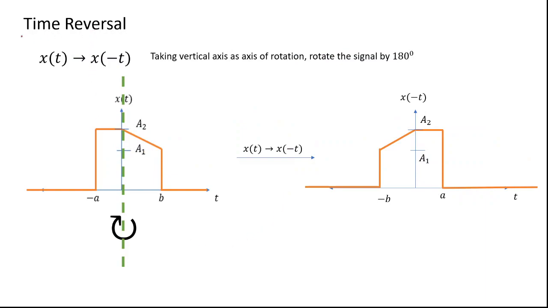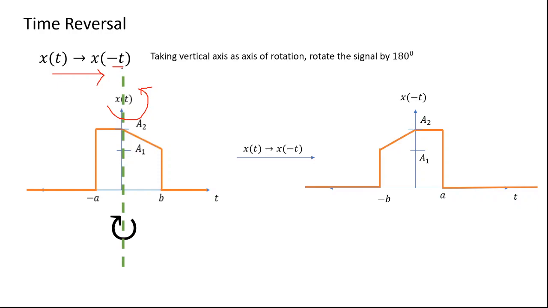Let's see another transformation which is called the time reversal. Suppose t is transformed to minus t, then in this case the signal rotates along the vertical axis by 180 degrees.